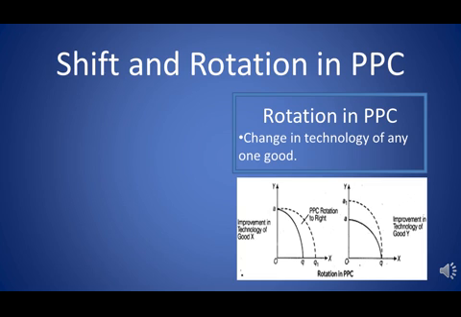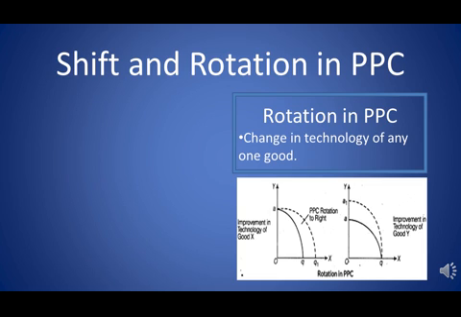In the given diagrams, the left diagram shows that there is improvement in technology of good X. So now the economy is in a position to produce OQ1 quantity of good X instead of OQ, and the PPC curve rotates to the right.